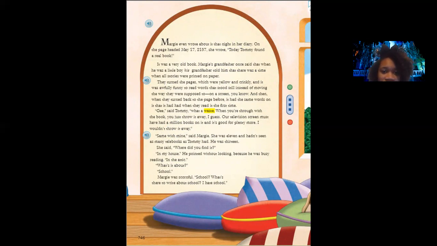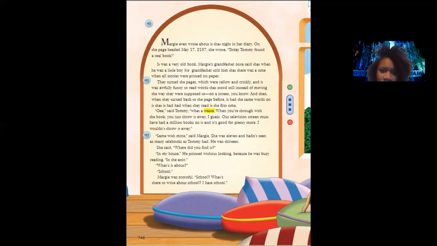They turned the pages, which were yellow and crinkly, and it was awfully funny to read words that stood still instead of moving the way they were supposed to on a screen. And then when they turned back to the page before, it had the same words on it that it had when they read it the first time.